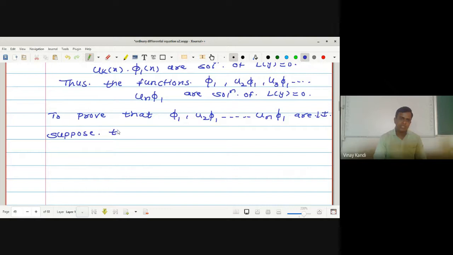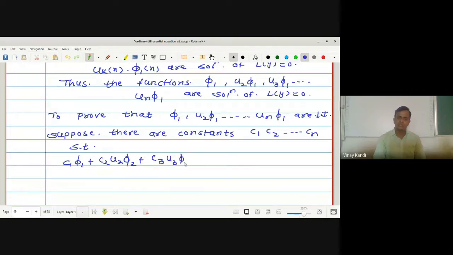Suppose there are constants c1, c2 up to so on cn such that c1 phi 1 of x plus c2 u2 phi 1 of x plus c3 u3 phi 1 of x plus up to so on Cn un into phi 1, which is equal to 0.